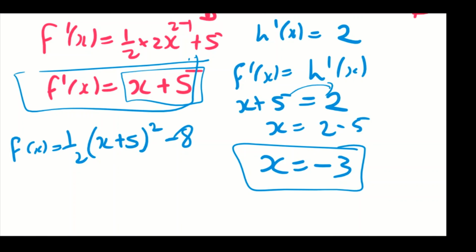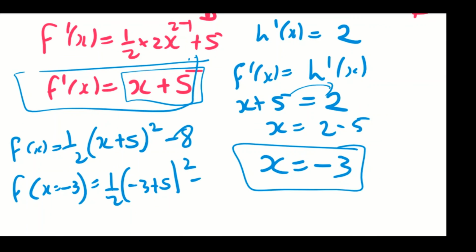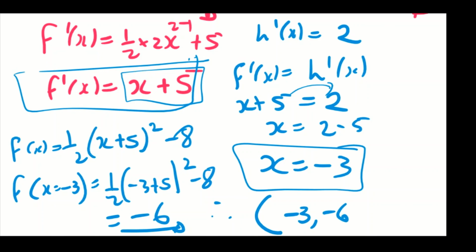So you substitute your x value of minus 3. f of minus 3 equals 1 over 2 into minus 3 plus 5 squared minus 8, right? So you get a value of minus 6. So this is your other coordinate. So the complete coordinate is going to be minus 3 and minus 6.